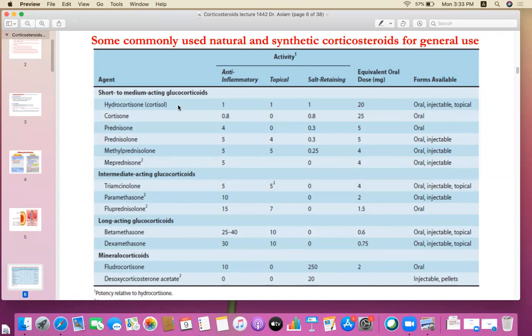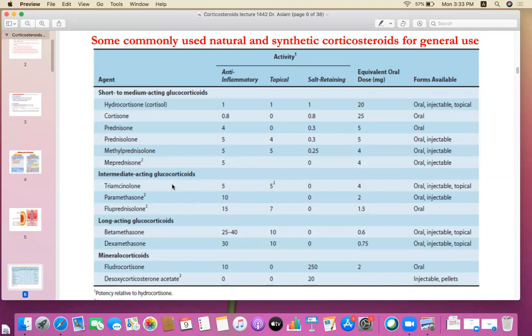Now, here the activity is 5, more as compared to 1, and these are prednisolone, methylprednisolone, and meprednisone. These are the synthetic glucocorticoids, having anti-inflammatory activity of 5, meaning more than the cortisol.